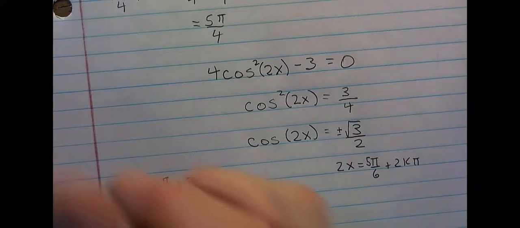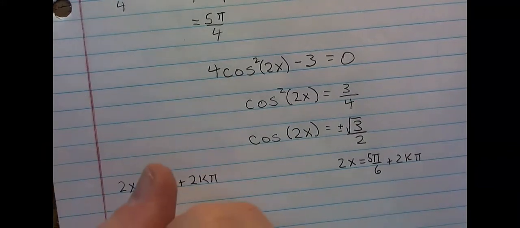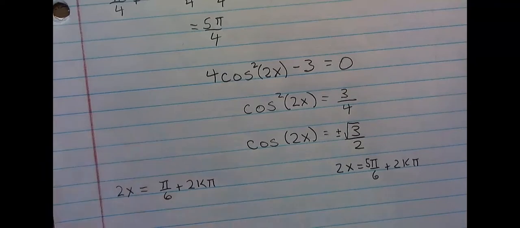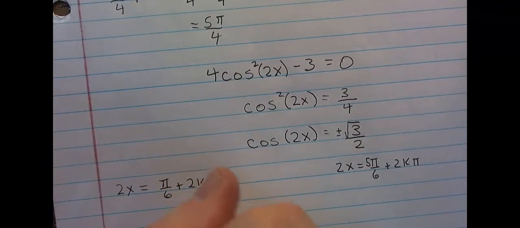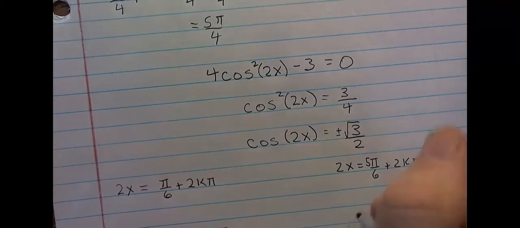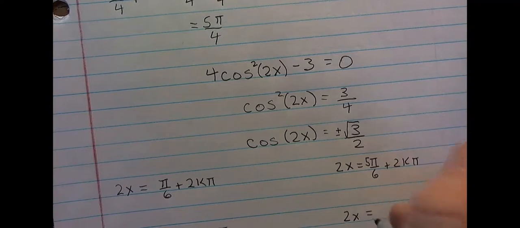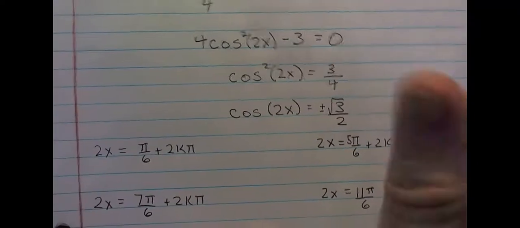So that's first quadrant, second quadrant. What about the third quadrant? We've got 2x equals 7 pi over 6 plus 2k pi. And then finally, 2x equals 11 pi over 6 plus 2k pi.